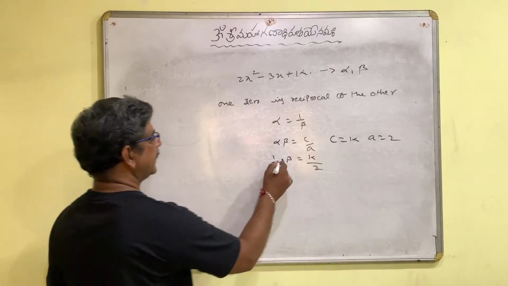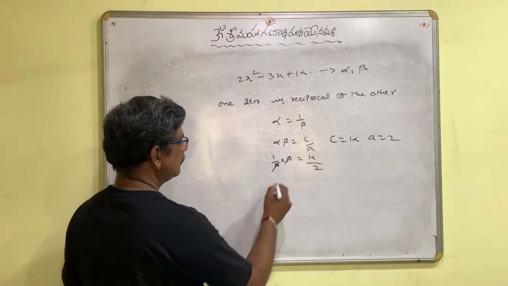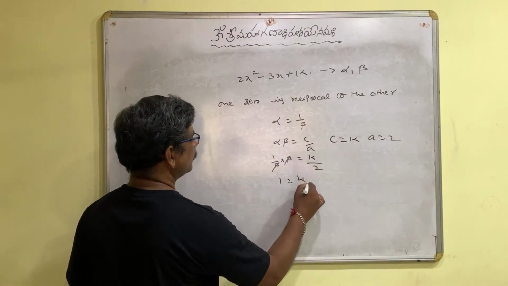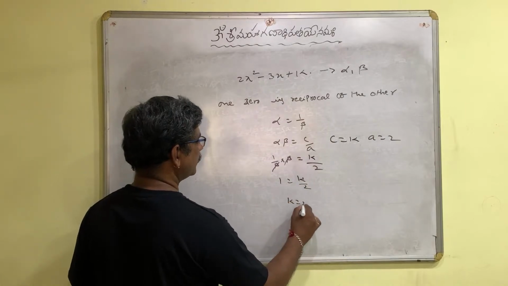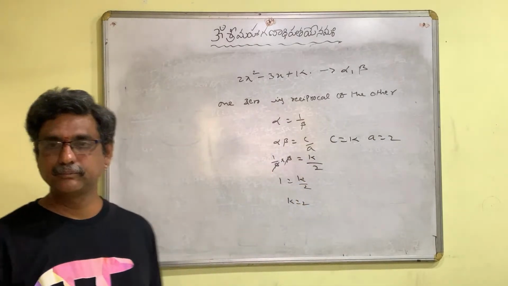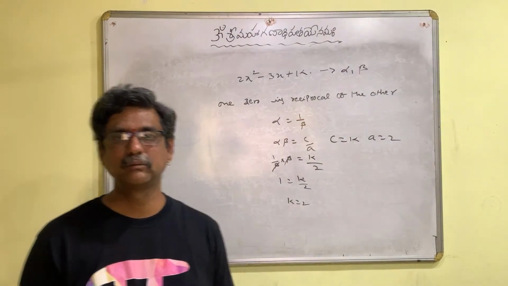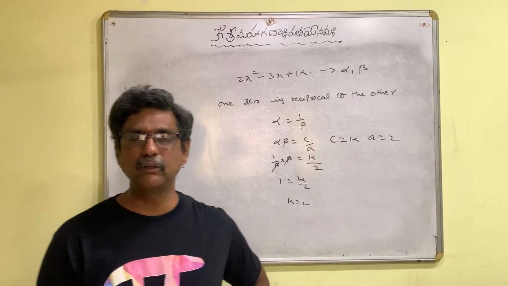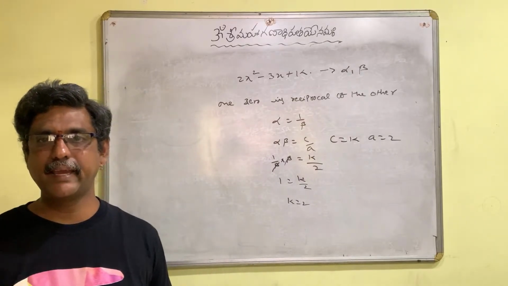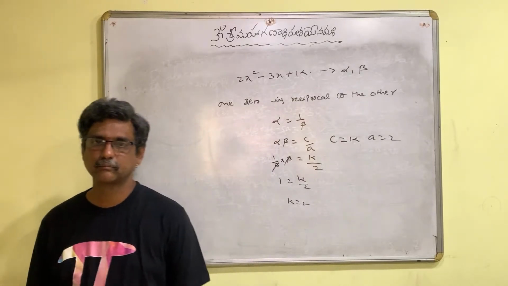Now beta gets cancelled. 1 is equal to k by 2, so k is equal to 2.